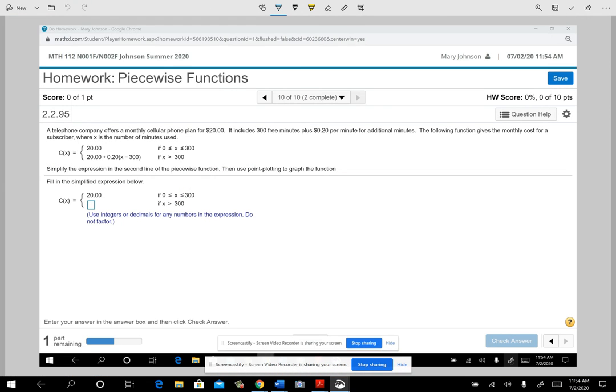okay. So on this one, you've got a situation where the phone plan is set up where you pay, this is the cost, okay, and this is the number of minutes. What's really going on here is you're paying a flat fee of $20 for a while, up to, let's see, this one says up to 300 free minutes.